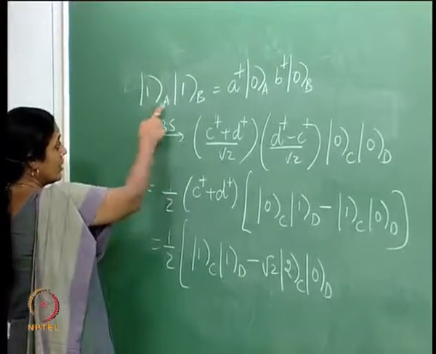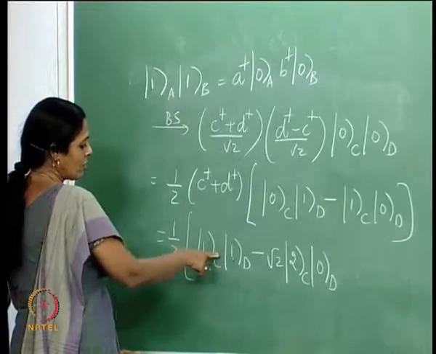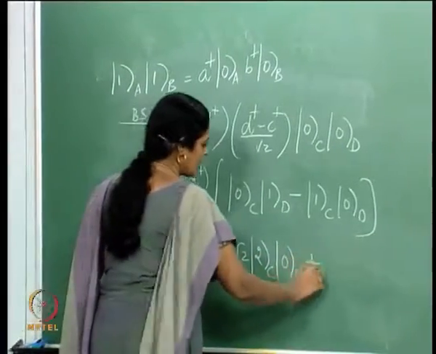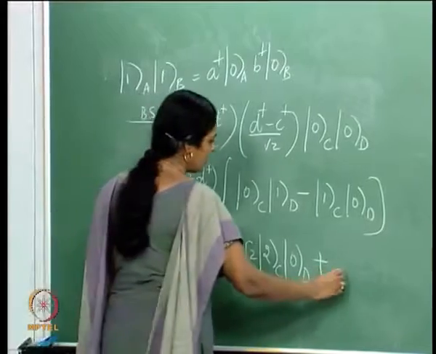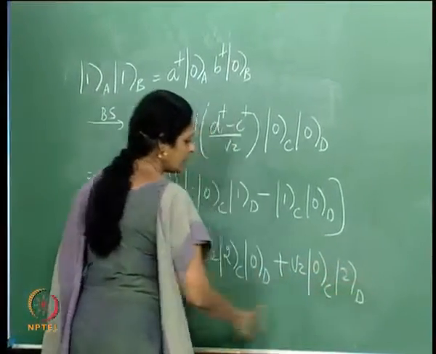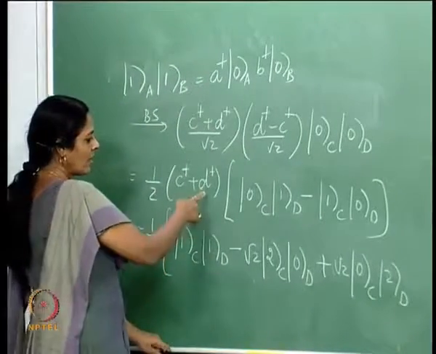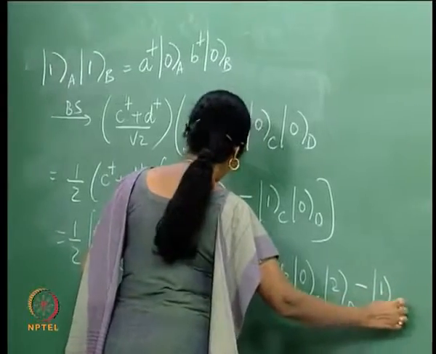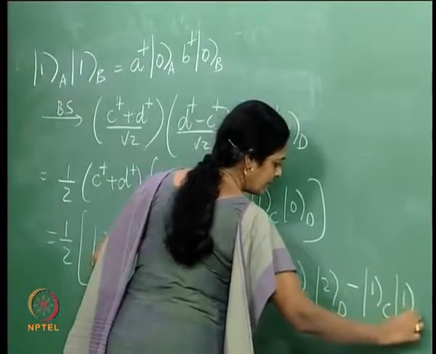That is very nice. Certainly, I am conserving the total number of photons, that is a 1 plus 1, and this is a 2 plus 0. But now look at this, D dagger on this gives me a root 2 0C 2D, which is fine, and then the last term is minus 1C 1D.